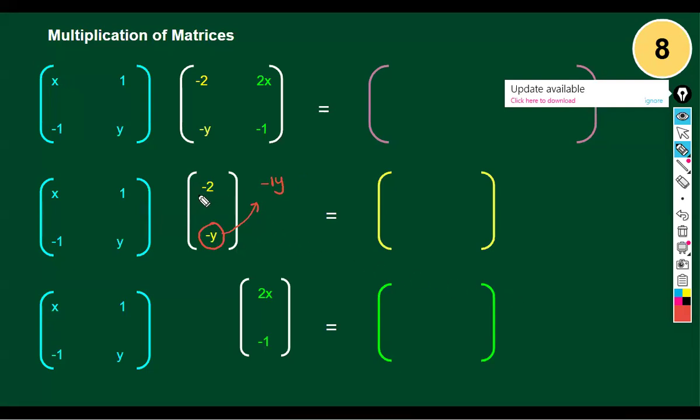So the two values on top here now, as usual, nothing is changing. They're going to walk across to the left. So the minus 2 will end up on top of the x, and the minus 1y will end up on top of the 1. The minus 2 and the minus 1y get photocopied underneath as well.